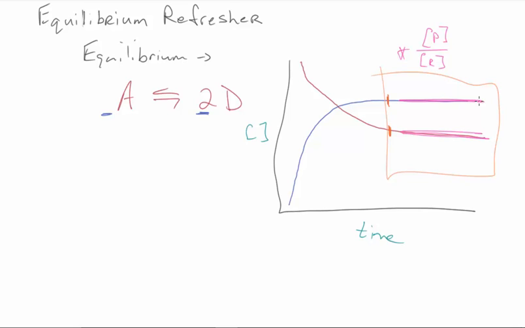And then another thing to understand is that the slope of these lines is, right, it is dependent on coefficients. And so what we do at equilibrium is we come up with an equilibrium constant that we use capital K for, and what we're going to say is that this is going to be equal to the concentration of the products over the concentration of the reactants, right?